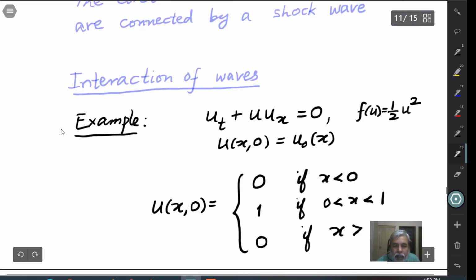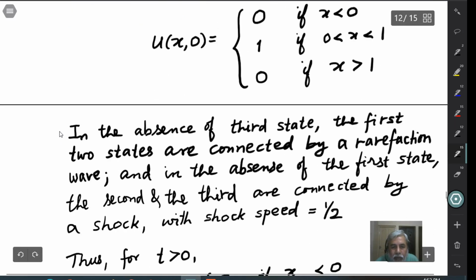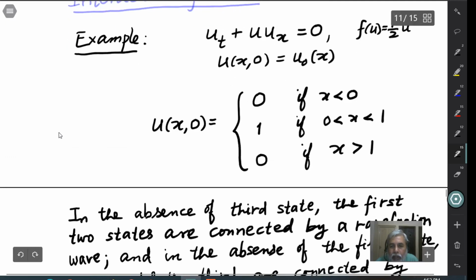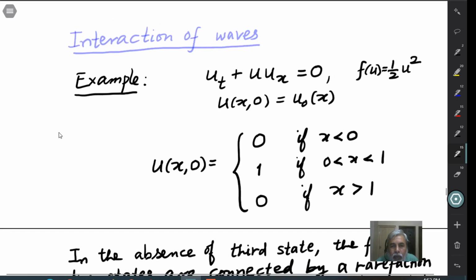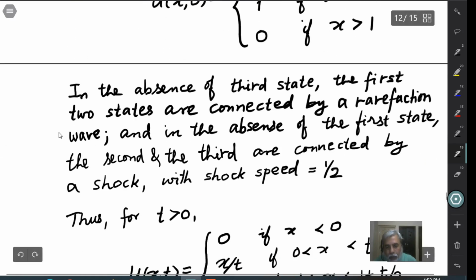So here is a simple example. Quite illustrative, so you should study it carefully. And you see there are some complications here. And the more we appreciate such examples, the better we understand the Lax-Oleinik formula, which hides all these computations.